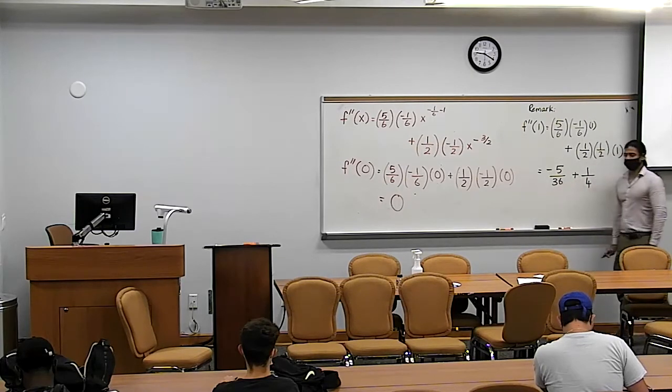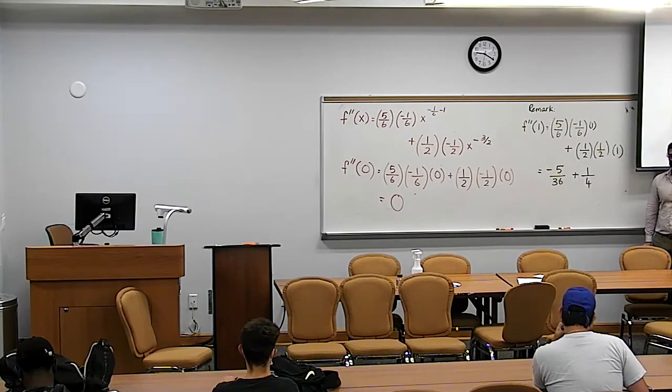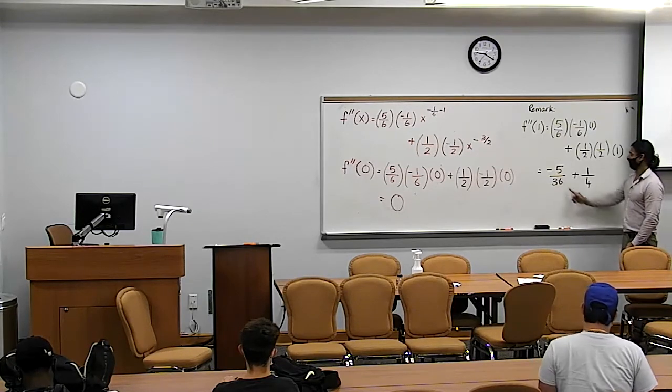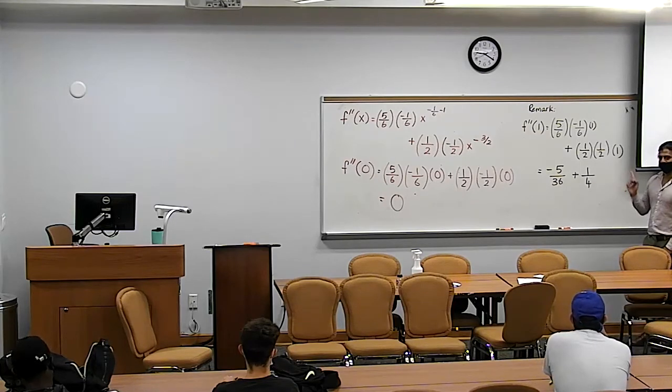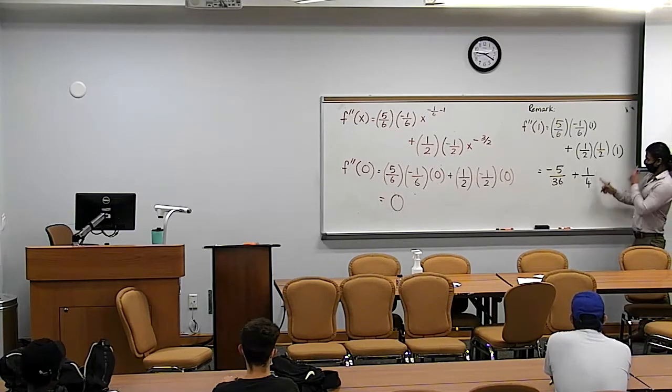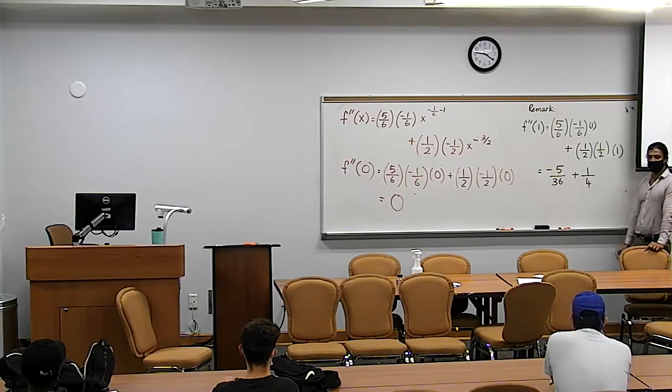How do we combine two fractions? Common denominator. The common denominator between 36 and 4 is 36. We've got to multiply and divide by some number so that I get 36 in the denominator. 9.